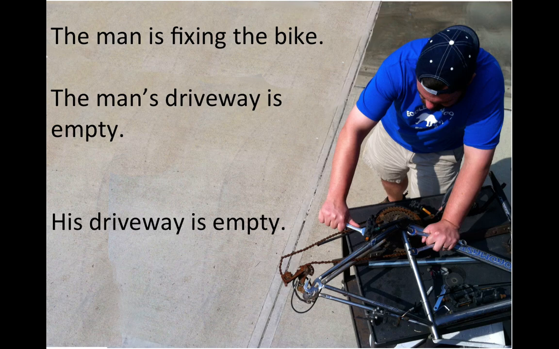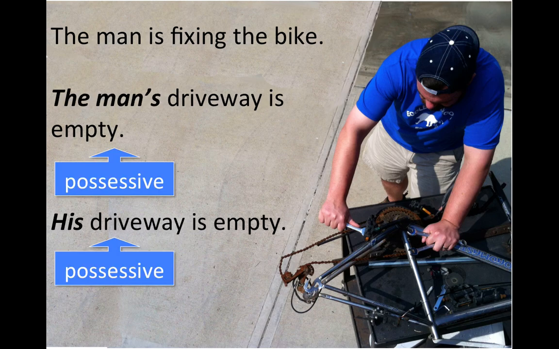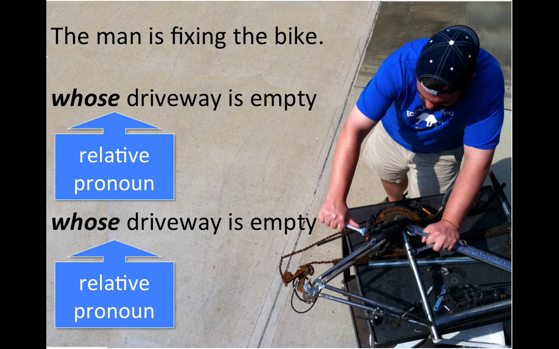If we have the man's driveway is empty or his driveway is empty, notice in both of these cases we have a possessive, either the apostrophe s, the man's driveway, or a possessive pronoun, his driveway. If we want to make either of these two sentences into relative clauses, we replace the man's or his with whose in both cases.